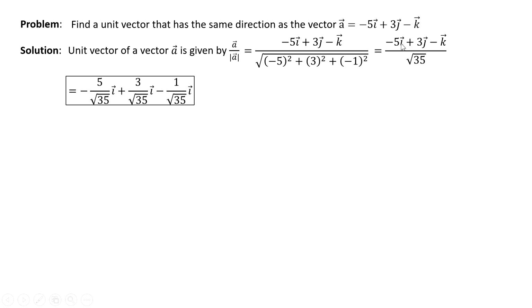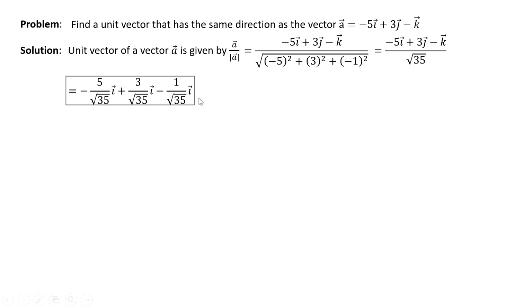If I have A plus B, all over C, can I write that as A over C plus B over C? Yep, that's exactly what I've done. Negative 5i over square root of 35, which we can write as negative 5 over square root of 35 times i, and 3 over square root of 35 j, and so on. So this is a unit vector.